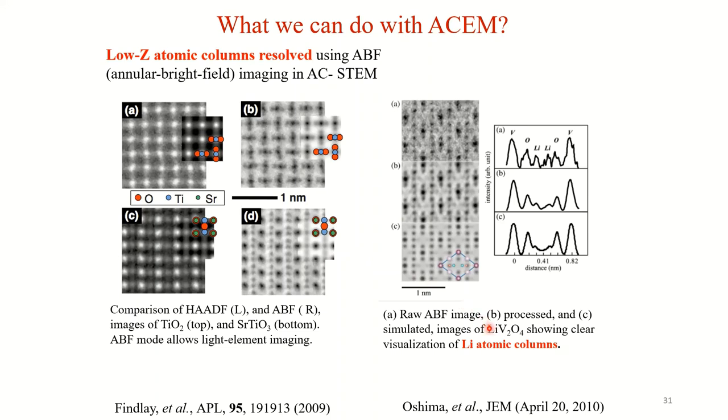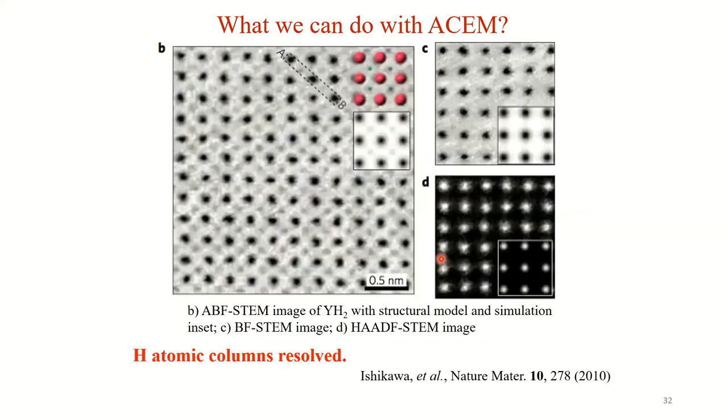And here is LiV2O4, and here also you can clearly see the oxygen atoms. And this is another example, yttrium hydride. Now it's hydrogen, so Z is equal to 1. So now you're seeing the hydrogen atoms with ABF STEM, which otherwise are just invisible in HAADF mode.